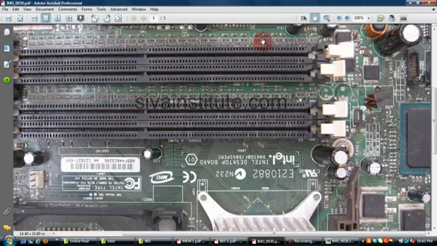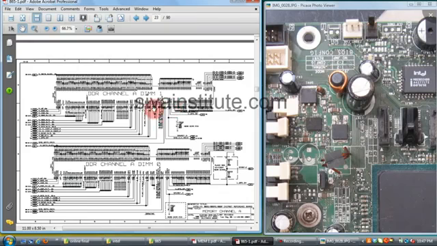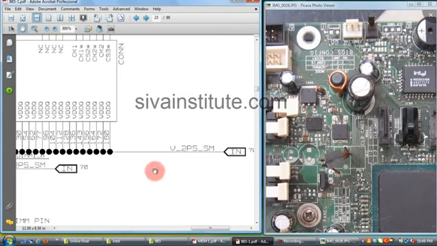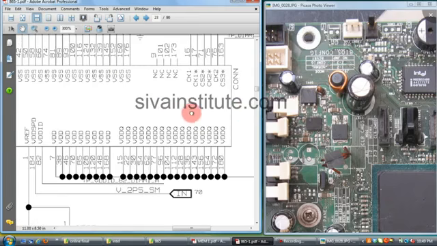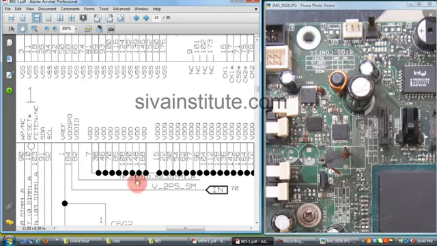This is the DIMM slot circuit. You should check whether supply is there or not. This is V2P5SM, that means the 2.5 volt supply. This is the DIMM slot. Supply goes to pin numbers 7, 38, 46, 70, 85, 108, 120.